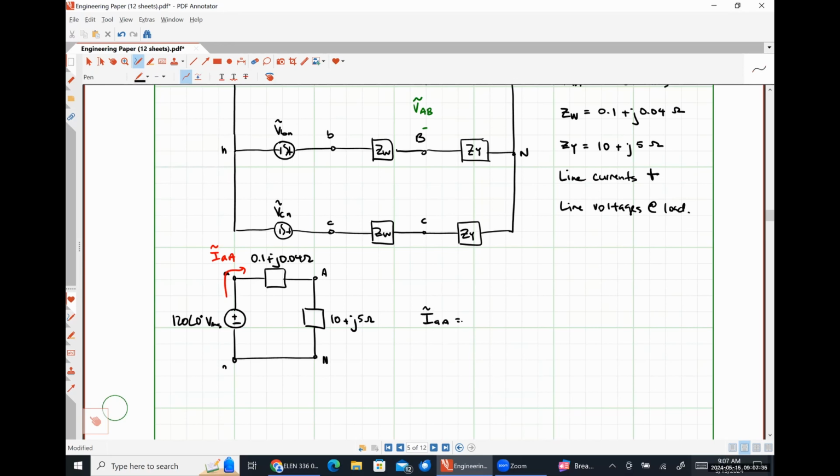So using the relationships from above, IAA is just going to be 120 angle 0 degrees volts RMS divided by 10.1 plus j5.04 ohms. I just added those two impedances together because that's not hard. Nope, it's 10.1. 10 plus 0.1 is 10.1, right?